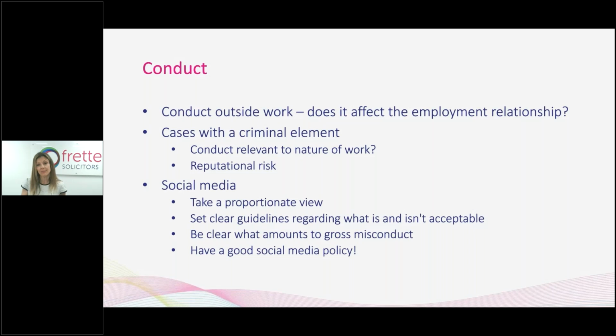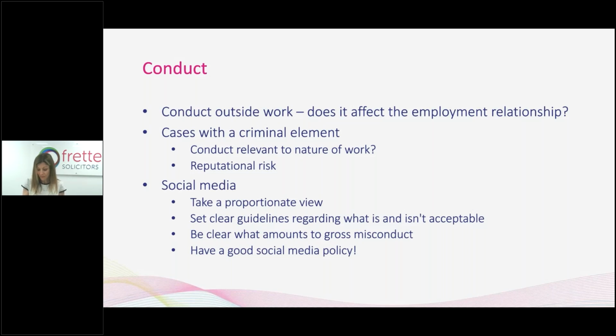The fact that the dispute arose as a result of a purely domestic matter was irrelevant, and the Employment Appeal Tribunal agreed with the first stage tribunal that the employee's conduct had broken the employer's trust.